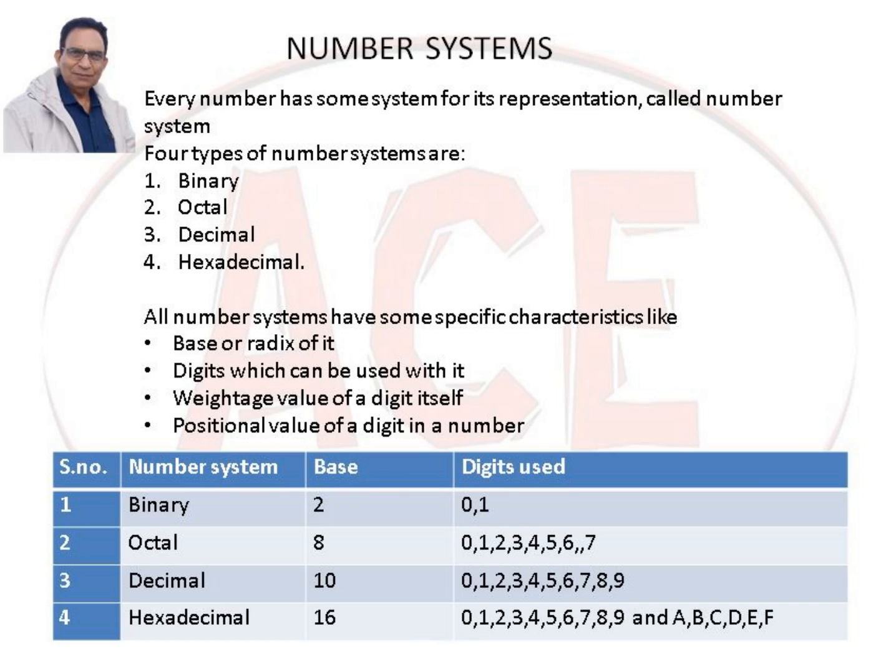Binary has base 2 and it uses two digits, 0 and 1. Octal has base 8 and it uses 8 digits, 0 to 7. Decimal has base 10 and it uses 10 digits, 0 to 9. Hexadecimal number system has base 16 and it uses 16 digits: 0 to 9, which are 10 numbers, and A to F, which are 6.